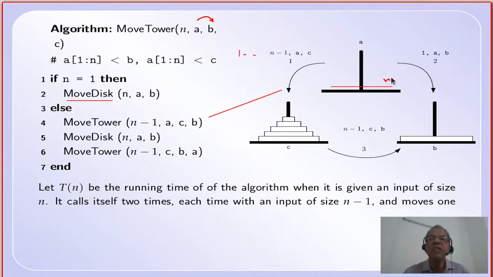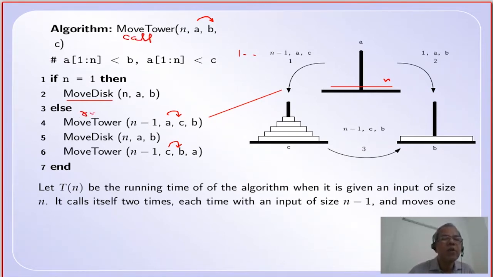Step 2, move that single disk from pole A to pole B. Let us assume that we have a function move disk of size n from pole A to pole B. And then move tower of size n minus 1, from 1 to n minus 1, from C to B. So this is from A to C. This is from C to B. Using A as the auxiliary pole. All right. This is the call.